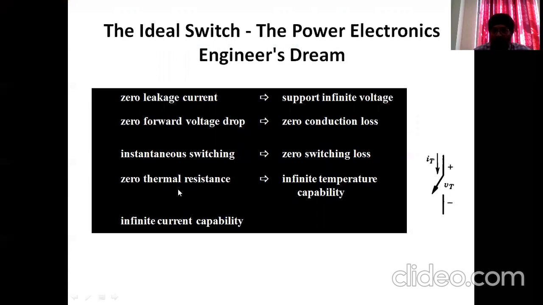Zero thermal resistance, so the temperature should not have that effect. Infinite current capability, and it should support infinite voltage. It must have zero conduction loss, ideally, and zero switching loss between turning on and turning off. During that dynamics, the loss must be zero.